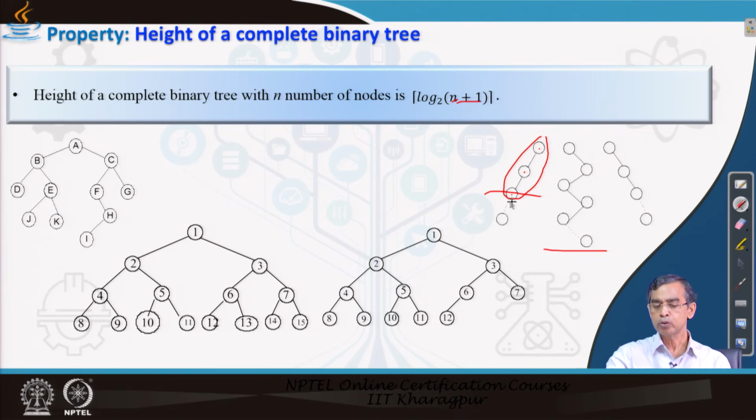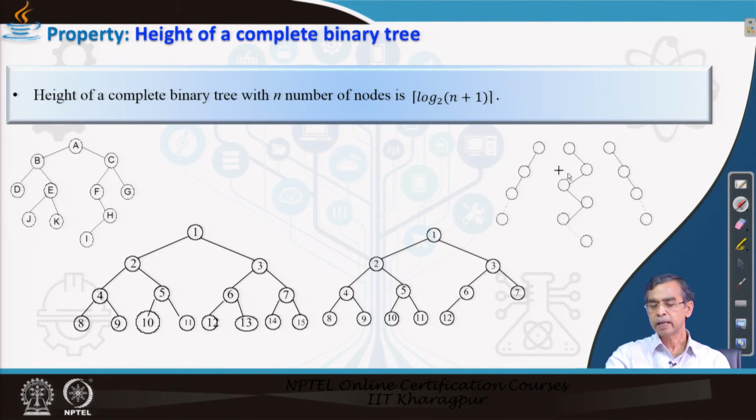Now log 2 of 4 is 2, so the height is... okay, with the ceiling, it is 3. So in this way the height is 3. So you can verify this formula for this tree as well.